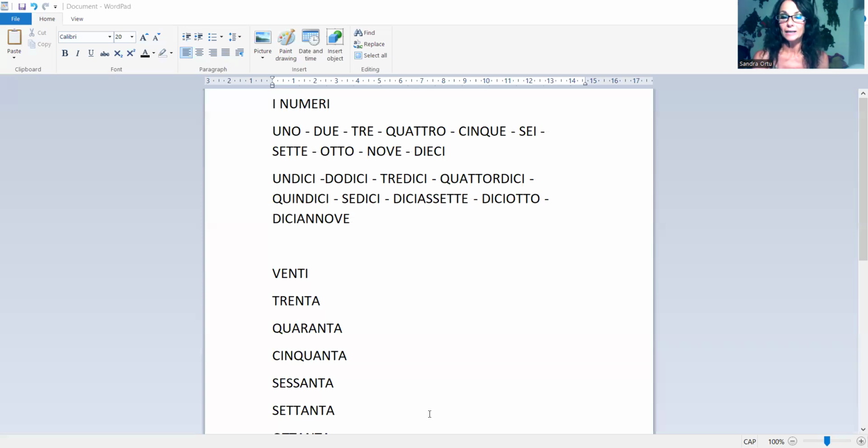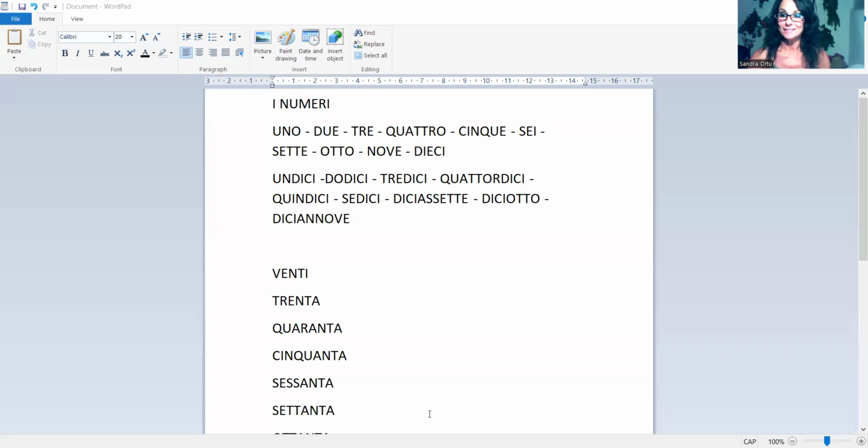Obviously, if you have done Spanish or French, they are similar. In fact, if you have done Spanish or French, you have to be even a little bit more careful, because some numbers can sound a little bit similar.